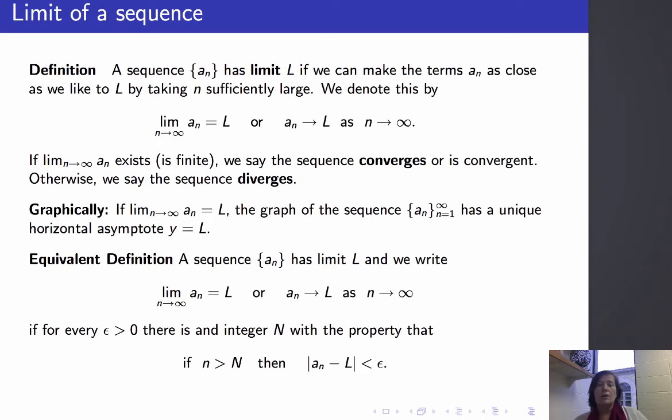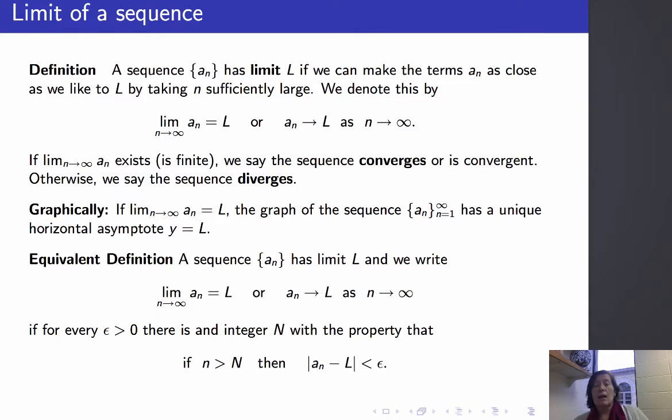Now we can write an equivalent definition of convergence here. A sequence a_n has limit L, and we write the limit as n goes to infinity of a_n equals L, or a_n tends to L as n tends to infinity, if for any number epsilon we can pick, no matter how small epsilon is, there's some integer out there, whether it's 100 or 1000 or 1 million, with the property that for every integer bigger than that one, the distance between a_n and L is less than epsilon.